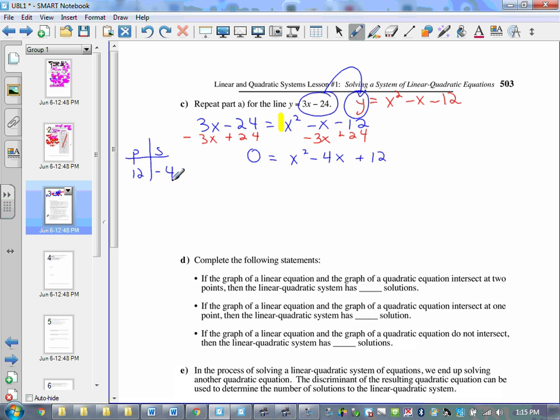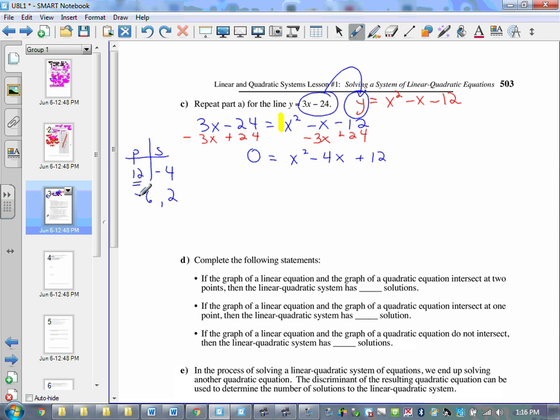You should try. So we've got a 6 and a 2. Remember that to multiply to a positive, both of our factors have to be either positive or both negative. So will positive 6 times positive 2 equal negative 4?